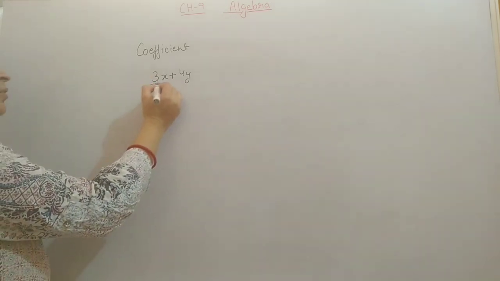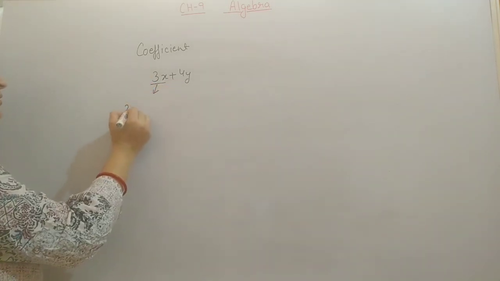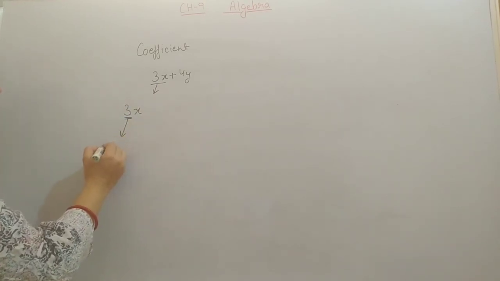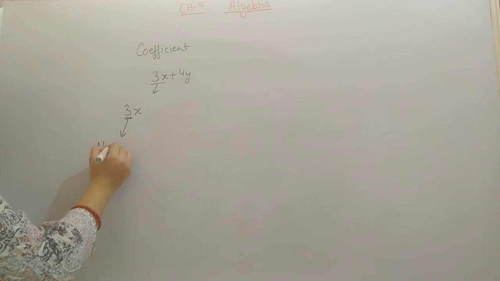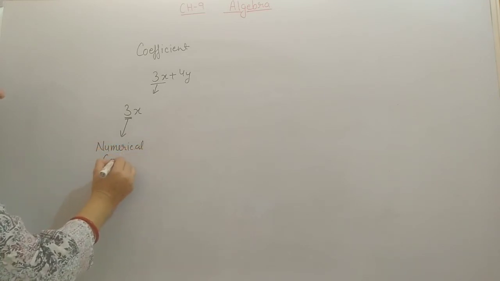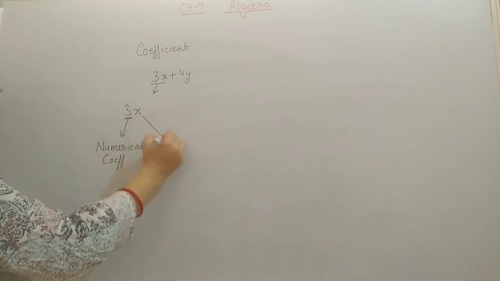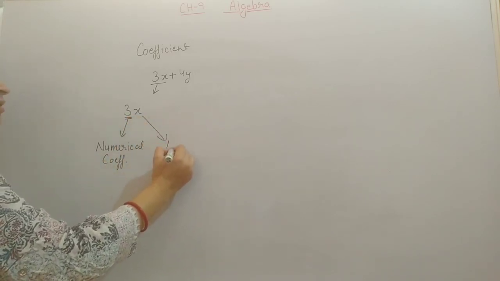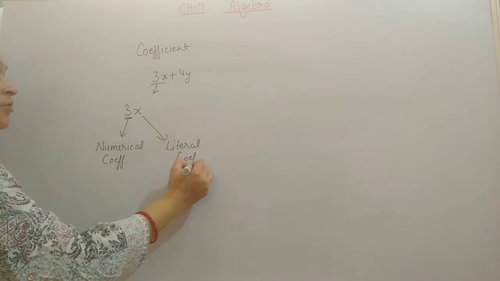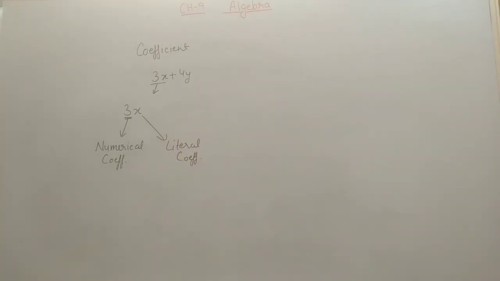If we talk about only the first term, this 3 is called the numerical coefficient, and this x is called the literal coefficient. Literal means it is denoted by a letter, and numerical means it is denoted by a number.